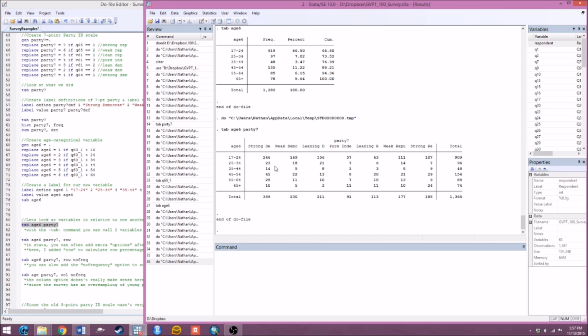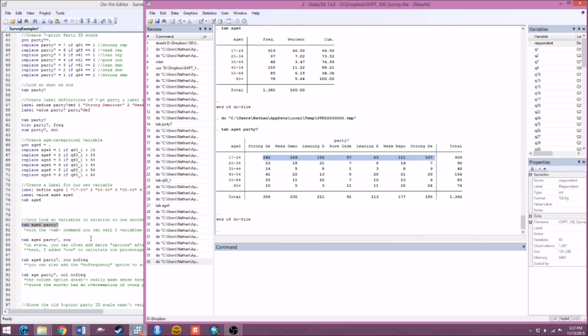But again, this is count variables. How useful is this? So okay, we have 246 young, strong Democrats. We have 23 here, 14, 41, 25, 10. I don't know. That actually doesn't really tell us a lot. I mean, we already knew that lots of young people took it, so there's going to be lots of young people here.